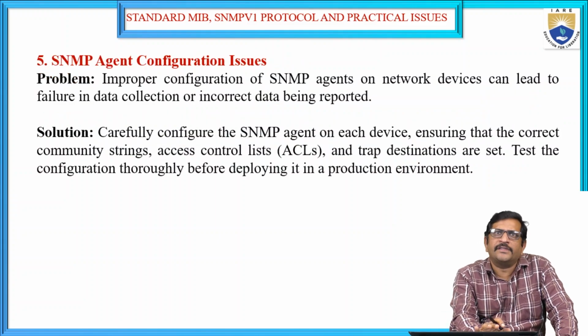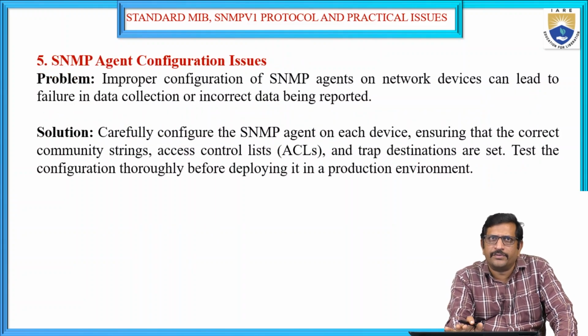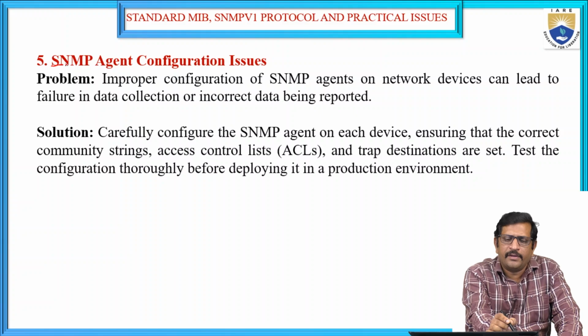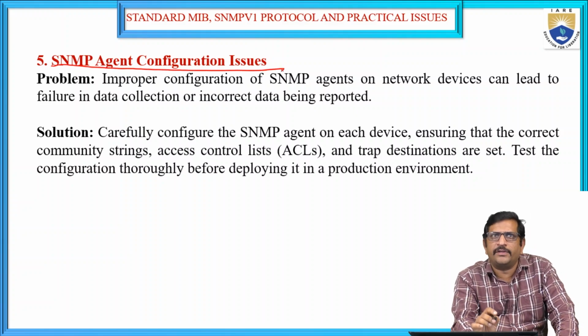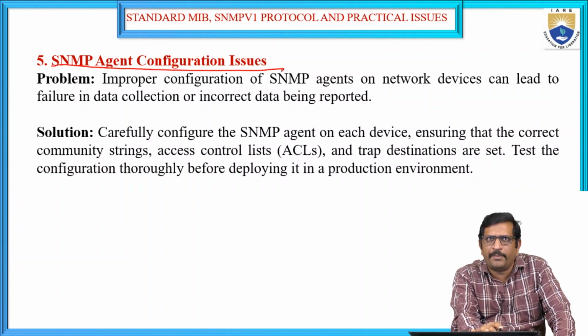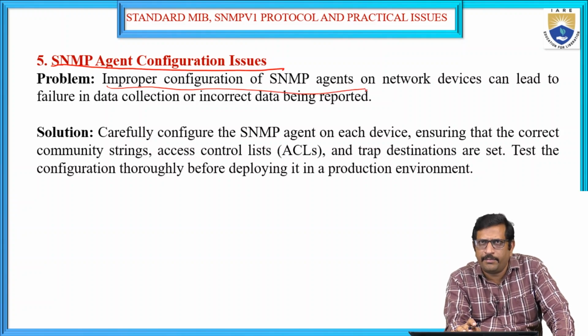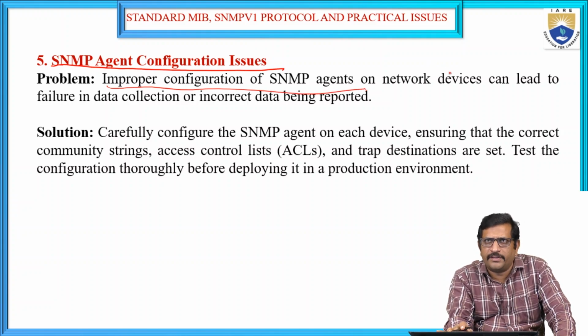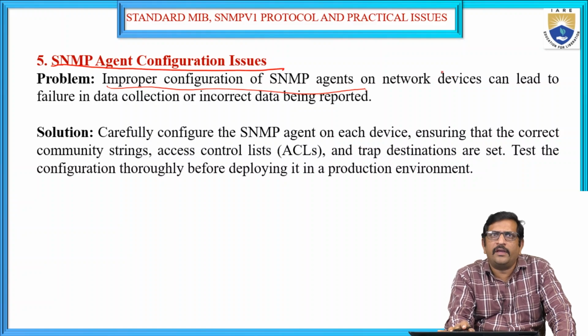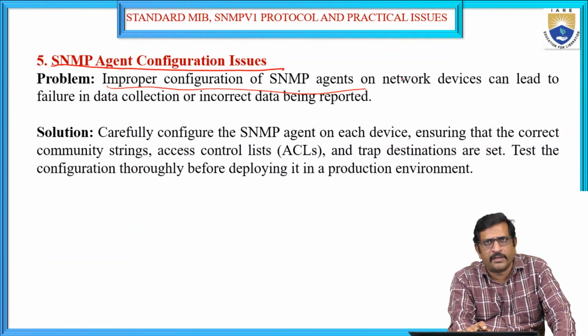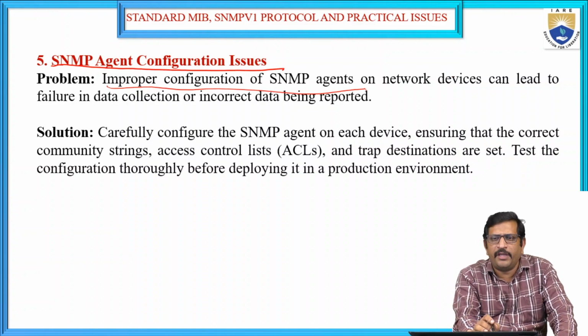Here are SNMP agent configuration issues. The problem is improper configuration of the SNMP agent. Improper configuration of the SNMP agent on a network device can lead to failure in data collection or incorrect data being reported.